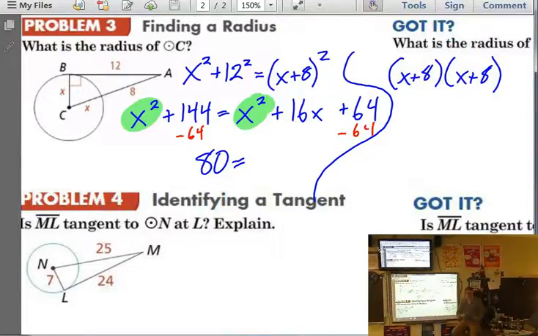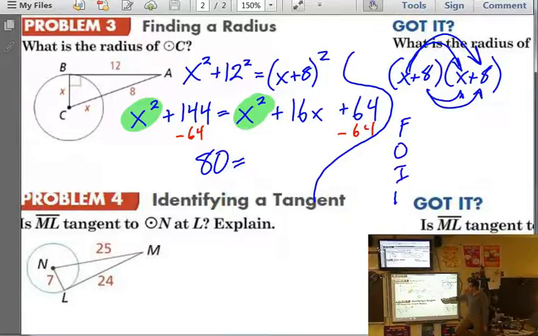So the process of FOIL, binomial times binomial, really is distributing. This term has to distribute its multiplication to here and to here. This term has to distribute its multiplication to here and to here. But the easy way we do that is to talk about FOIL.